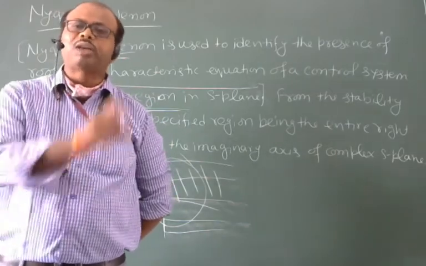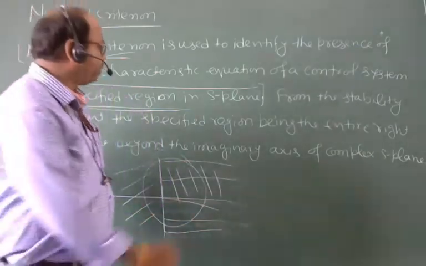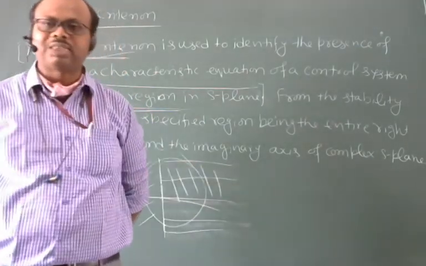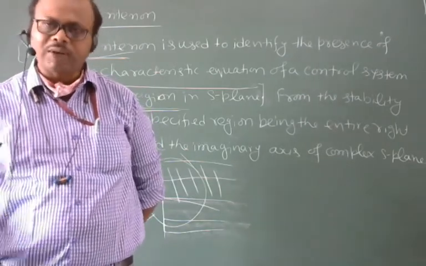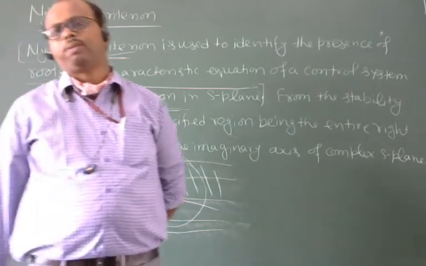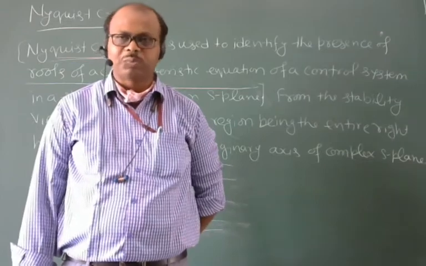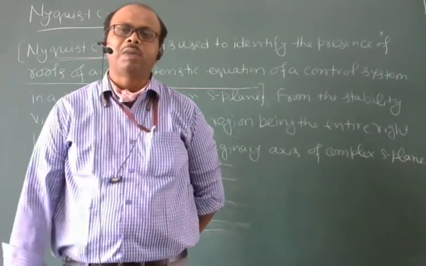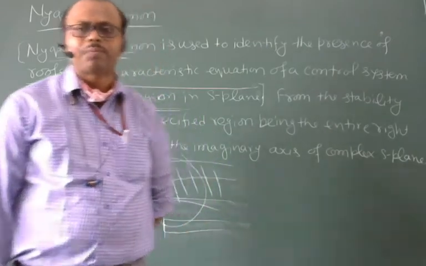And if Nyquist criteria says that there is a root in this specified region, it means the system is unstable. Otherwise, either the system is stable or it is marginally stable. Right?